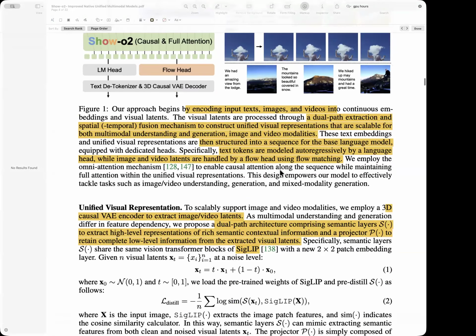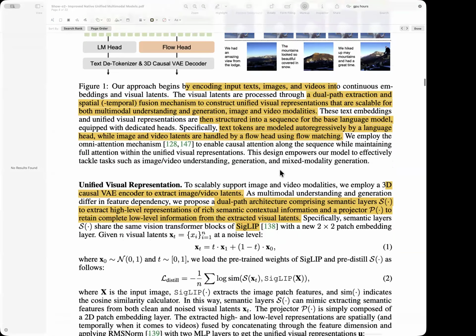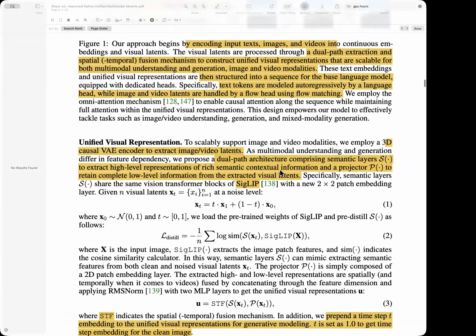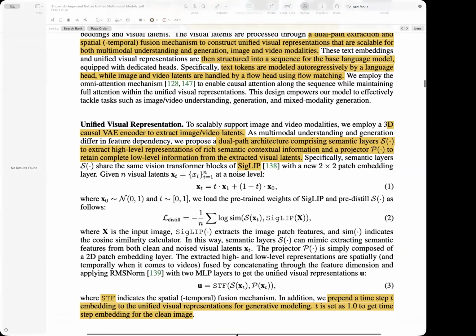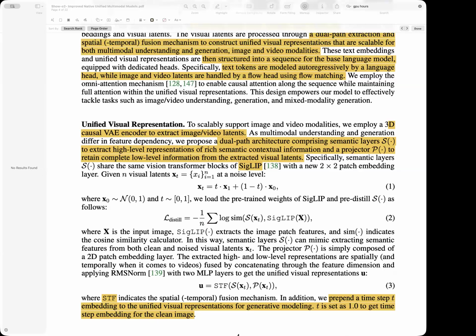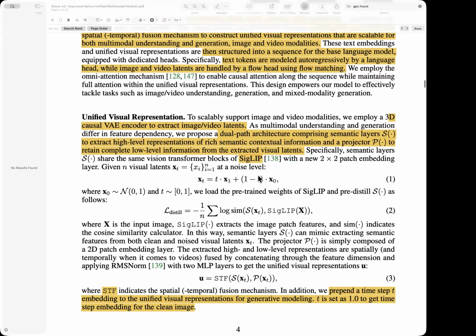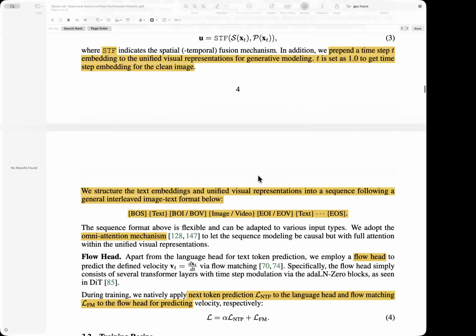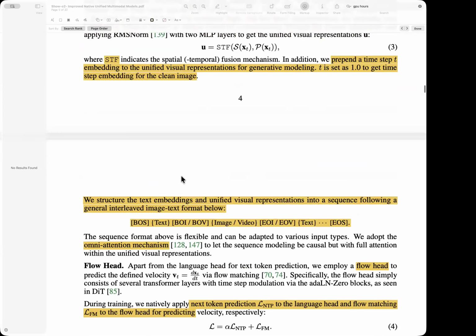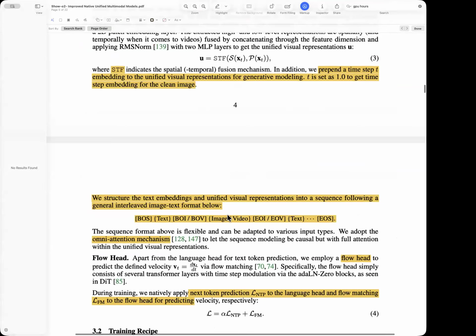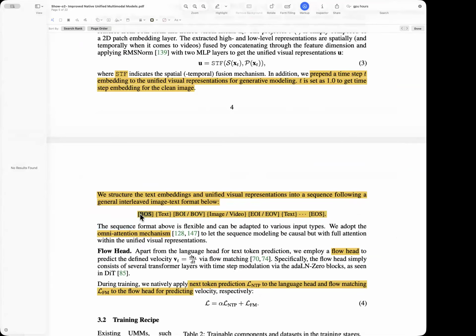There's a section on it. They fuse it. For video, fusion aligns over time. They prepend timestamps. You can read more about that section. But they do mostly just concatenate with interleaved additional tokens. Then there's the Omni-Attention over this.